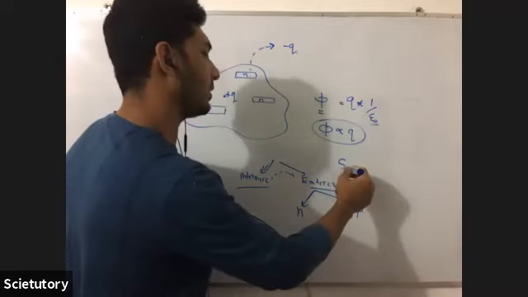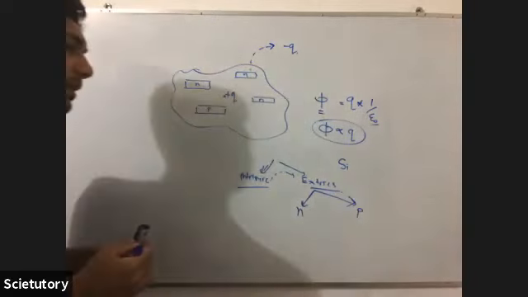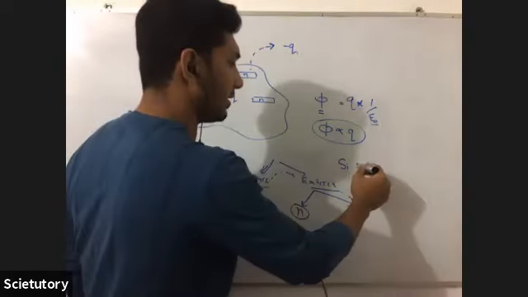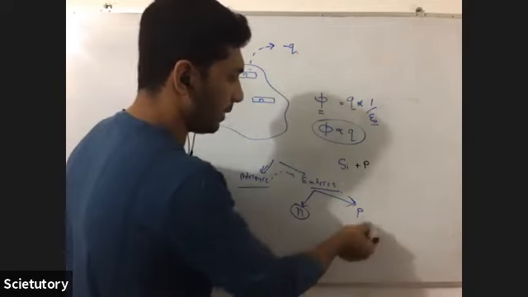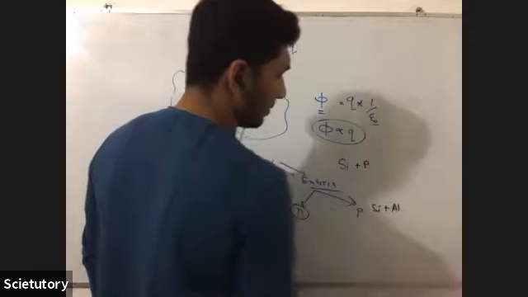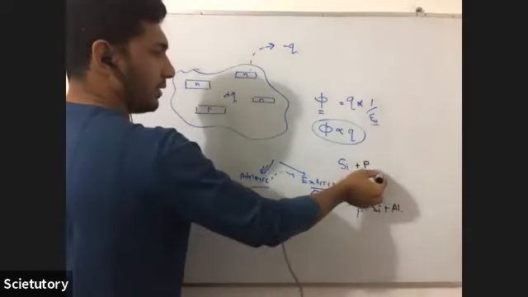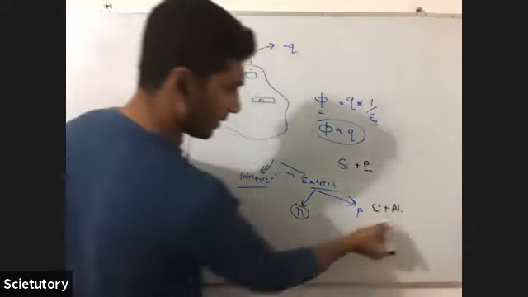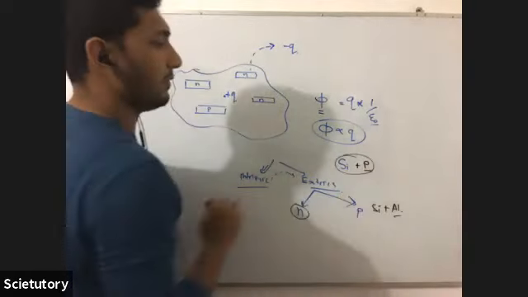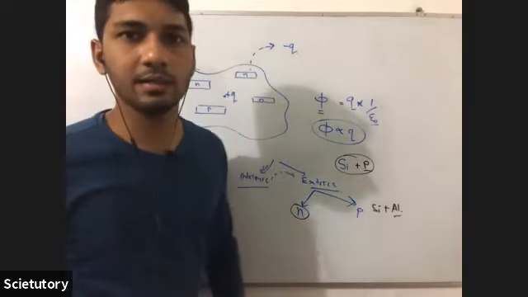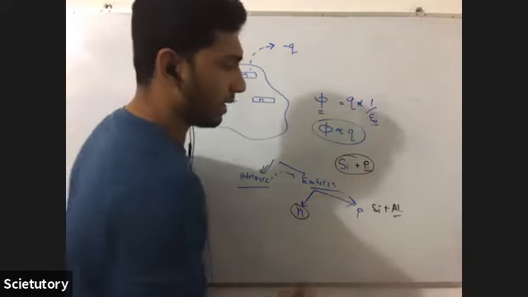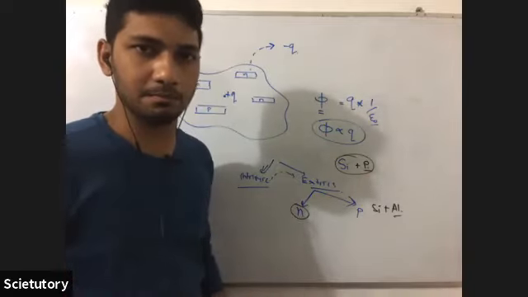If you make an extrinsic semiconductor using silicon, to make n-type you may add something like phosphorus. To make p-type you should add something like aluminum. These are called electron donors, and these are called electron acceptors. The electron donors give the extra electron to the lattice, so you get one free electron per phosphorus atom.